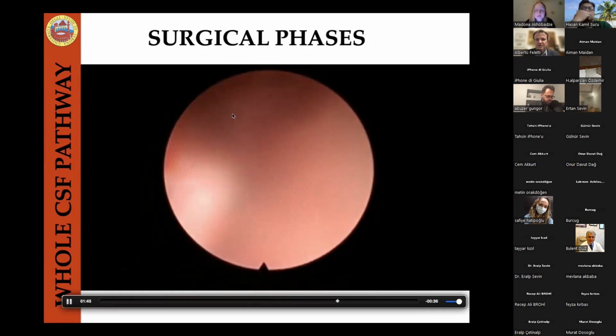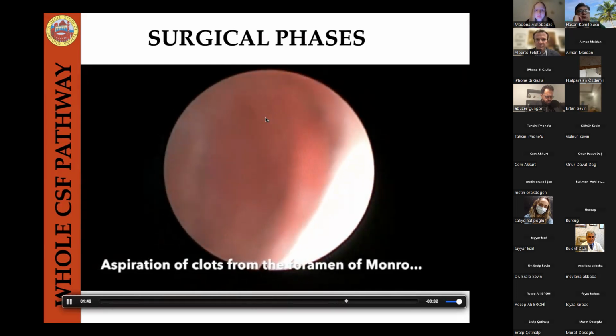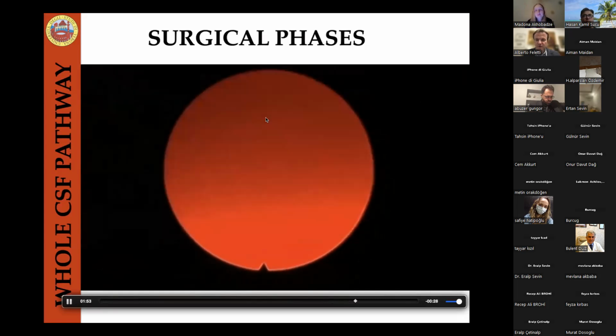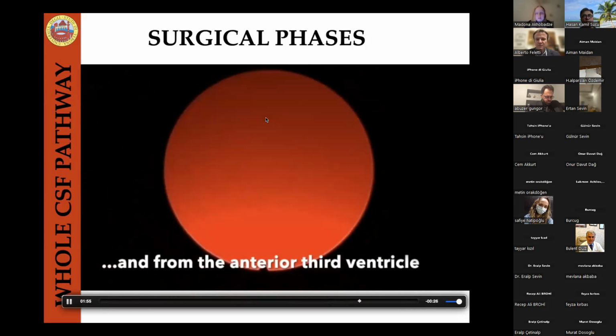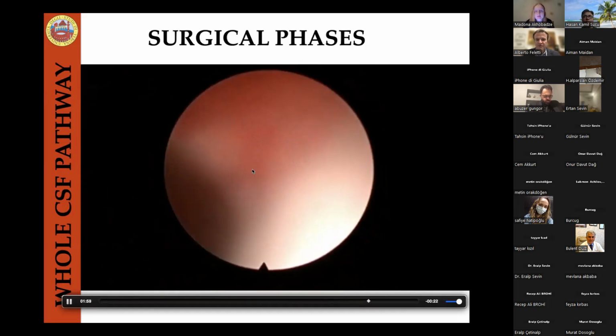Here you can see the fornix and the foramen of Monro, which is occluded by blood, of course. And when you are there, you have to do, again, aspirations from the anterior third ventricle to clear it.